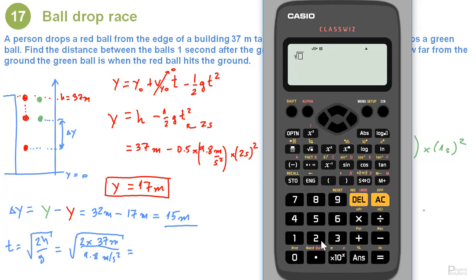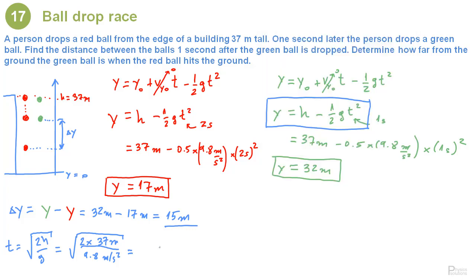Square root of 2 times 37 divided by 9.8 is 2.7. 2.7 seconds, because this is the unit of time we're using here. So this is the time that it takes for the red ball to go all the way from the top of the building to hit the ground.